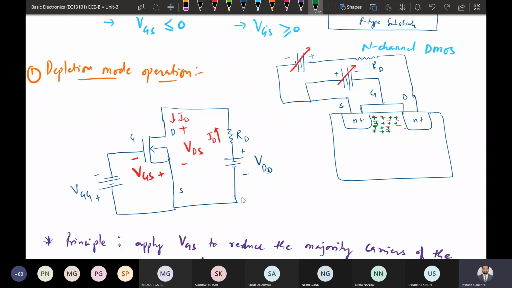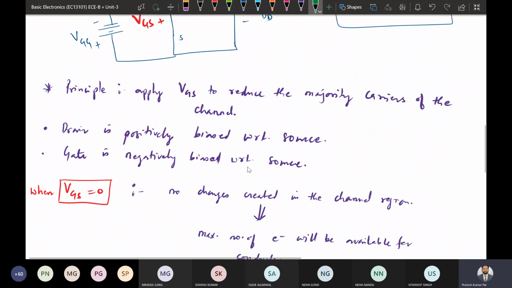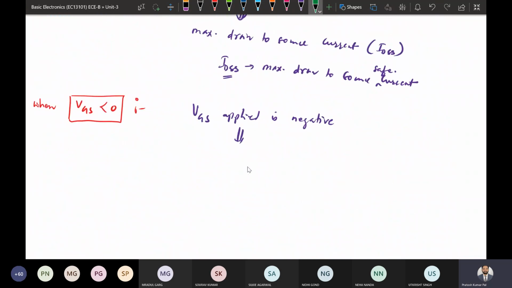So it will be less positively charged here on the drain side, and most of the positive charge will be on the source side. The positive charge will be created as we apply VGS in the negative direction. So positive charges are created in the semiconductor or channel.